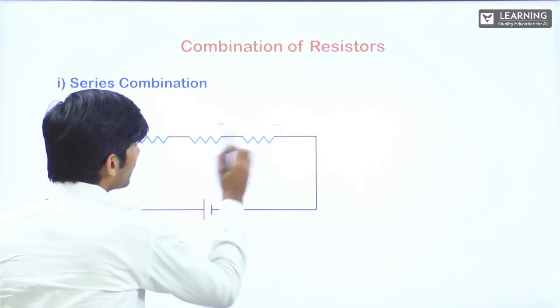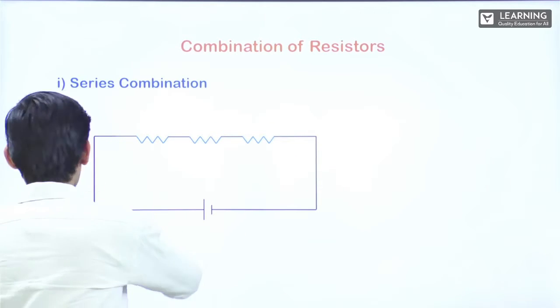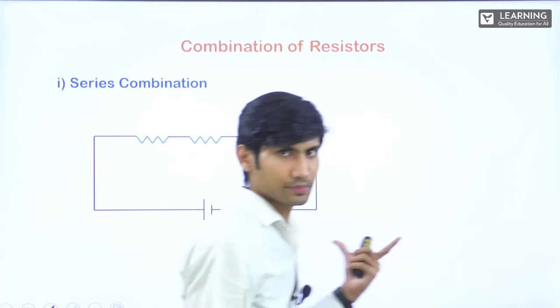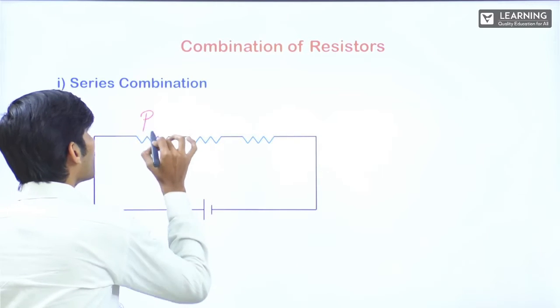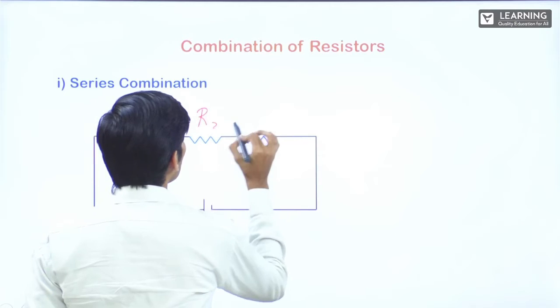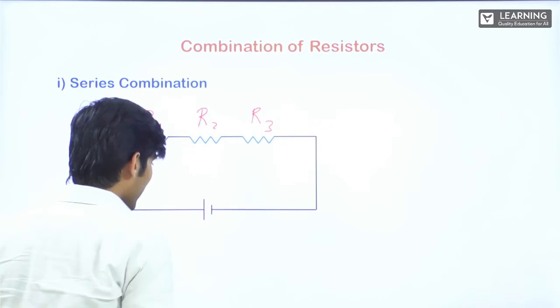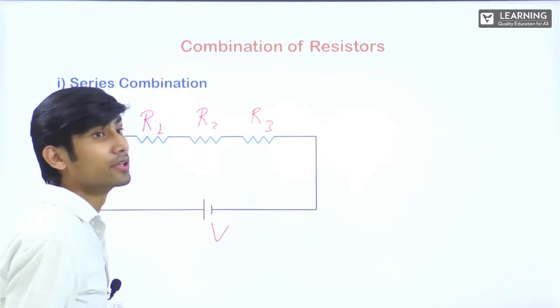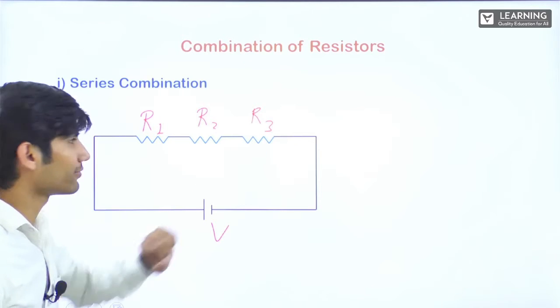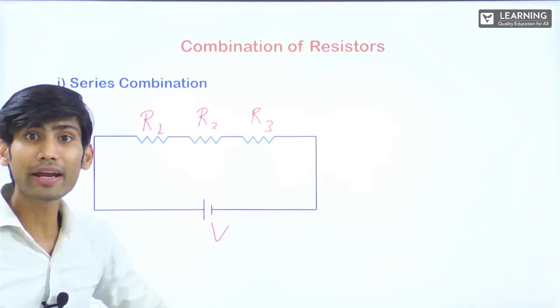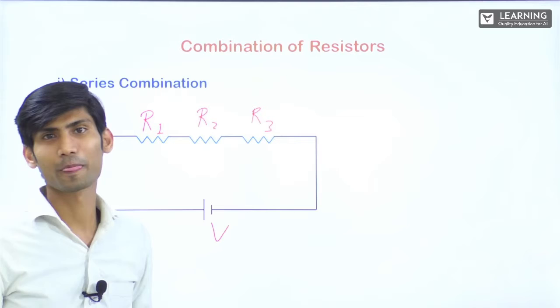Alright. So now this is a series connection. Let's say this is resistor R1. This is resistor R2. This is resistor R3. Let's say the voltage supplied by battery is V. Now, in series, first thing, what remains same and what gets distributed?